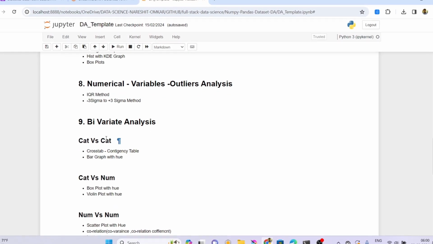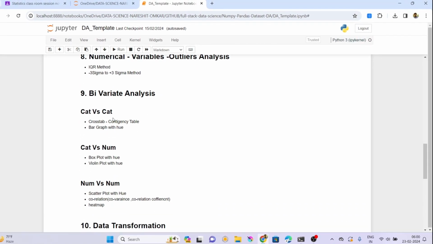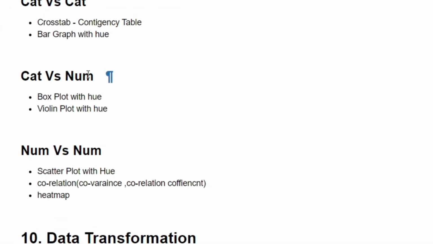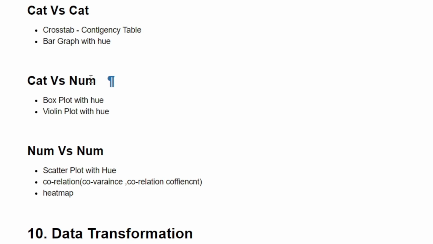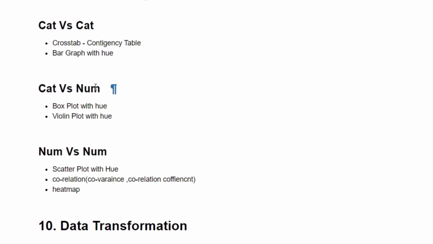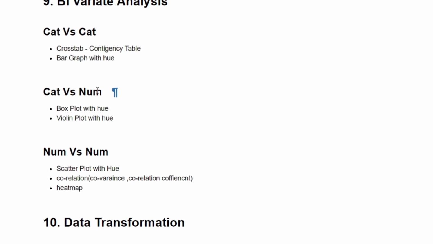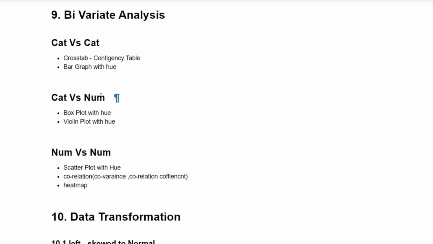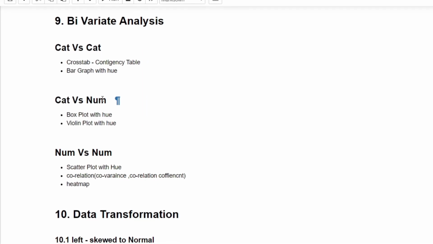Now we are moving on to the bivariate analysis. In this one, we have three categories: categorical to categorical. We create the contingency table by using crosstab, and we generate the bar graph with a hue parameter. Next one is categorical to numerical: box plot with hue, violin plot with hue.